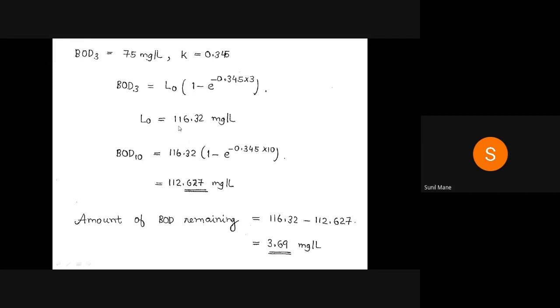L0 is not going to change in any condition. That would be 116.32 into 1 minus e raised to minus k, again k is the same 0.345, into now the number of days t, which is 10. So BOD after 10 days is 112.627. Got it?